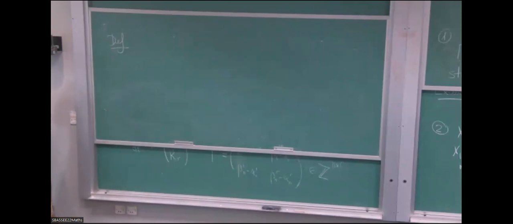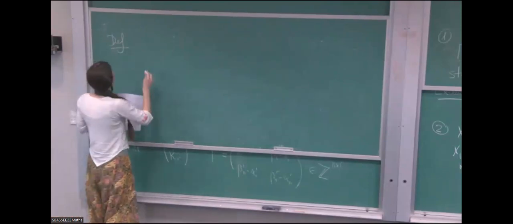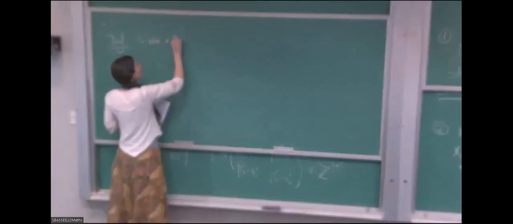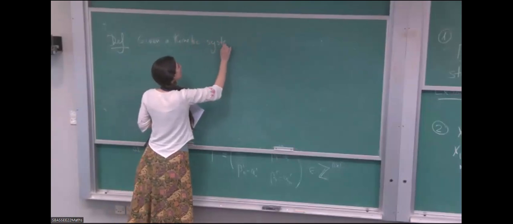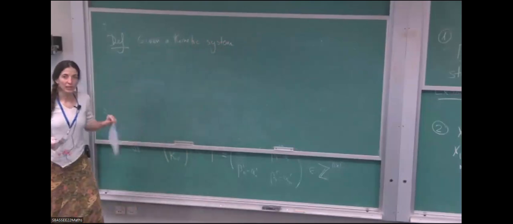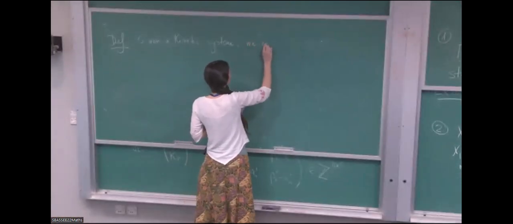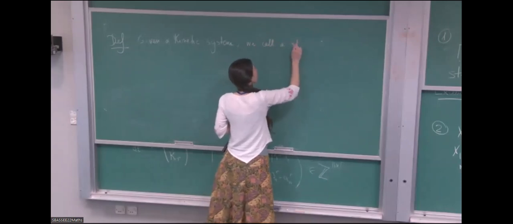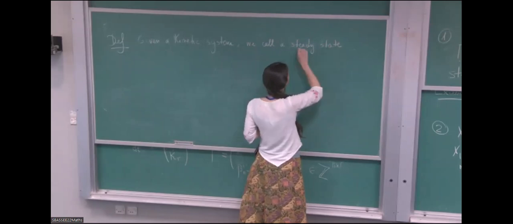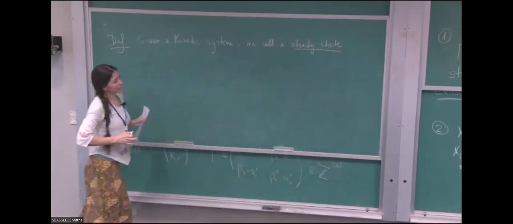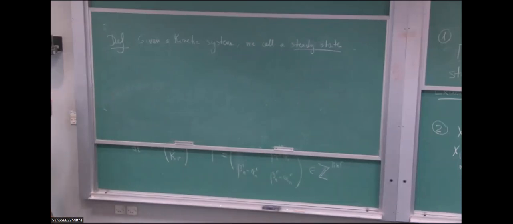So instead of looking at the whole solution of the ODE system, given a kinetic system, a network with the kinetics, I call a steady state of the kinetic system any steady state of the ODE system, so any equilibrium of the ODE system.